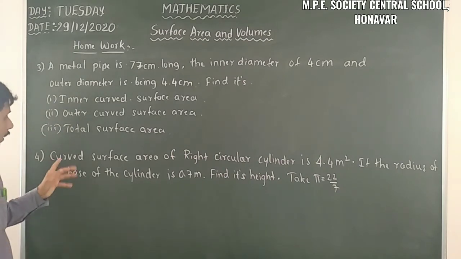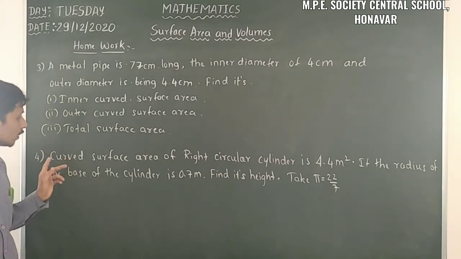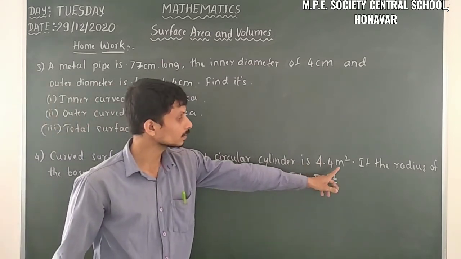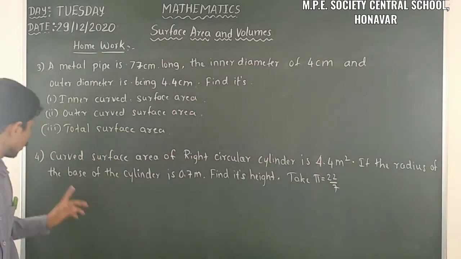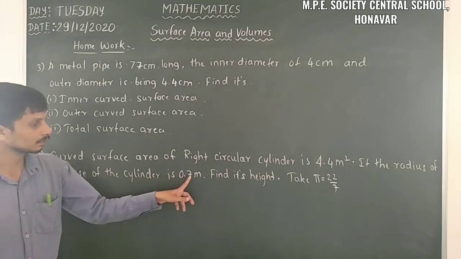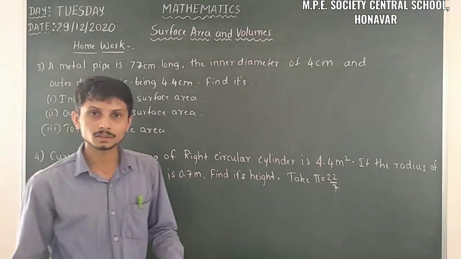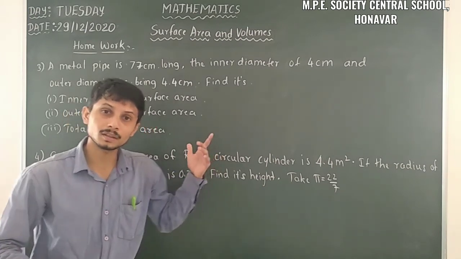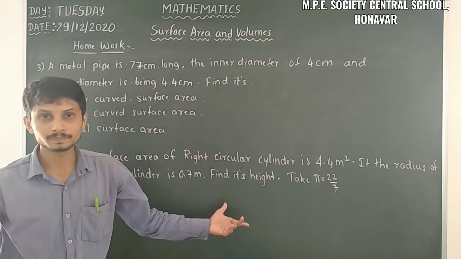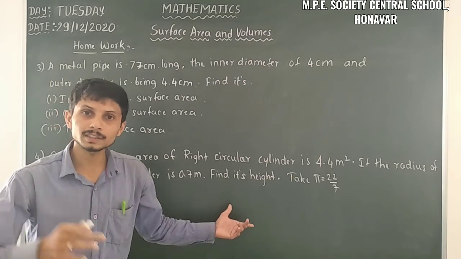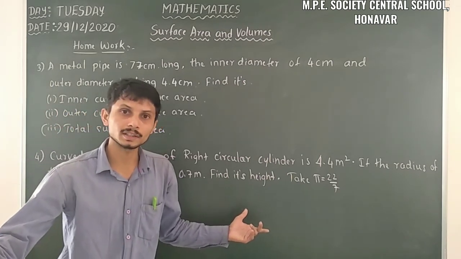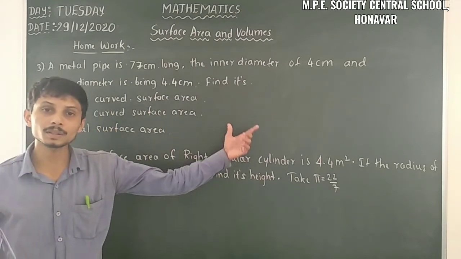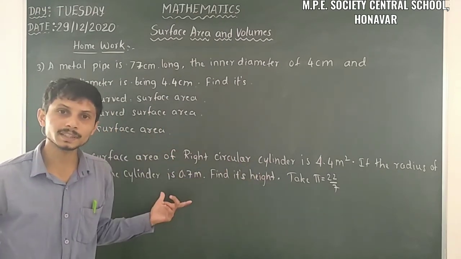And then let us go on to the second problem. Here the curved surface area of a right circular cylinder is 4.4 meter square. If the radius of the base of the cylinder is 0.7 meter, find its height. This is related to the first problem. In the first problem we had the curved surface area and the height, and using those two quantities we found the radius. Here the height is unknown, the base radius is given and the curved surface area is given.